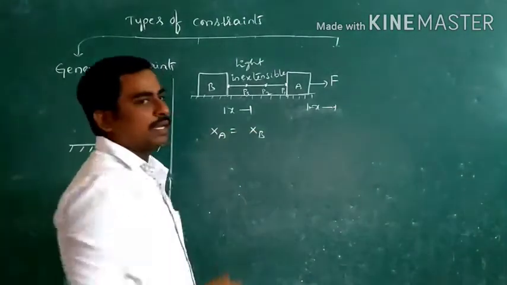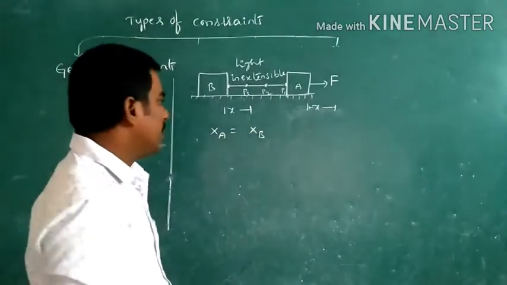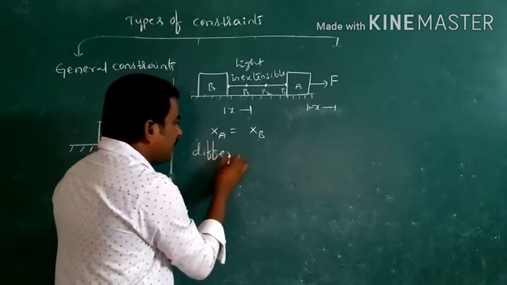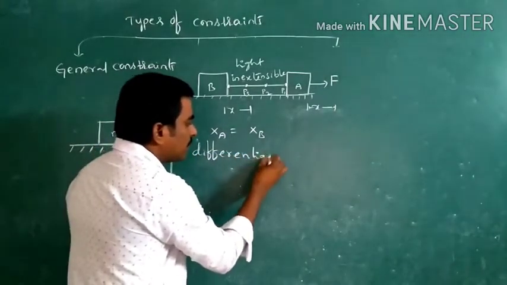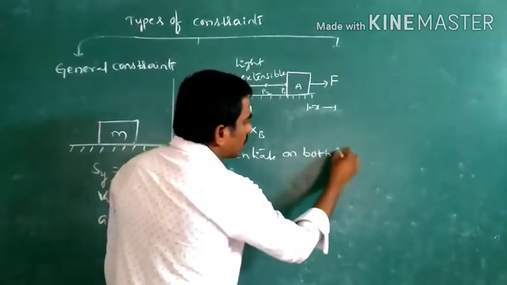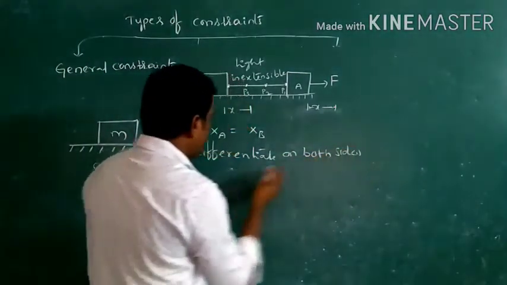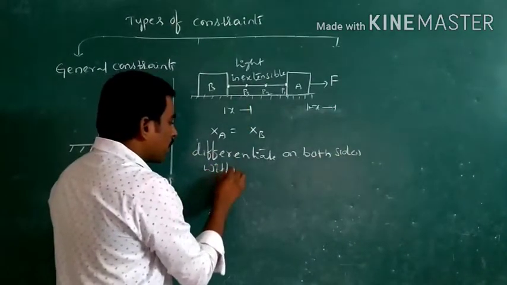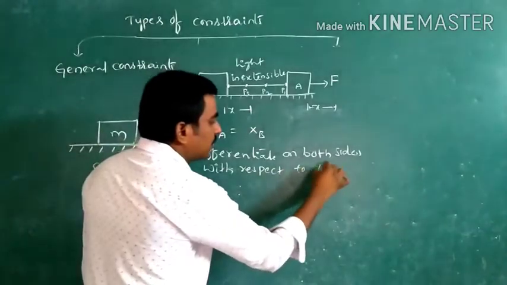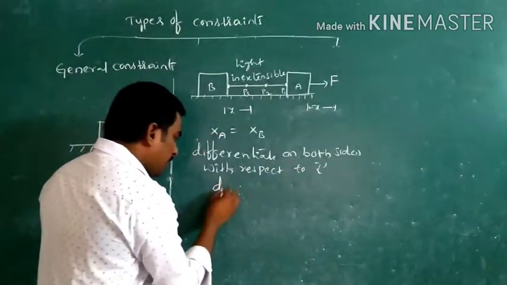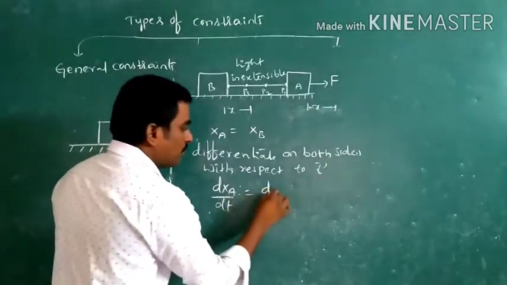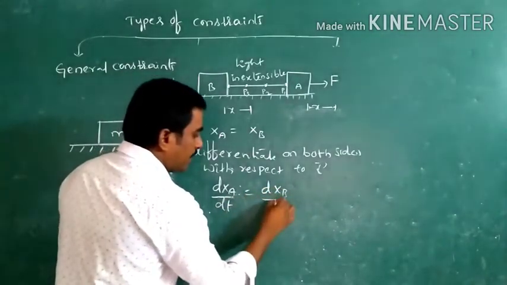Now I am going to differentiate on both sides with respect to t. Now dxA/dt is equal to dxB/dt.